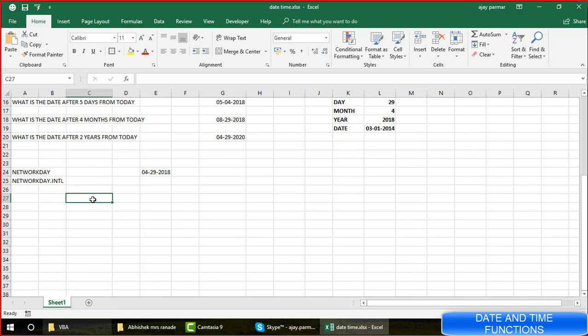My mistake, sorry. I'm saying that we will do this after. How many working days you have in this year, or any 2 dates. When I say working days, excluding Saturday, Sunday. Okay, this is what I want to check.